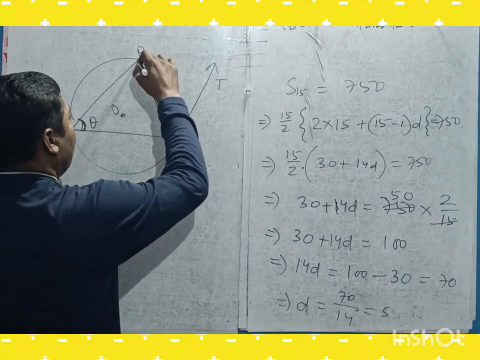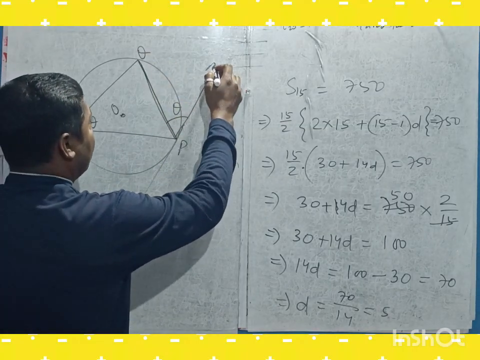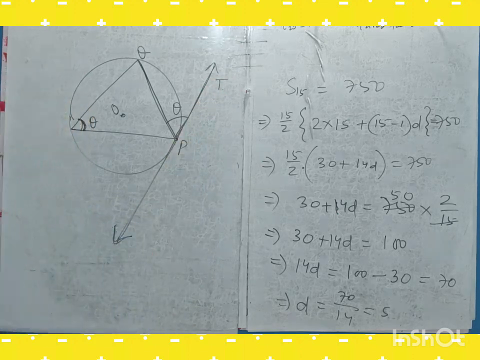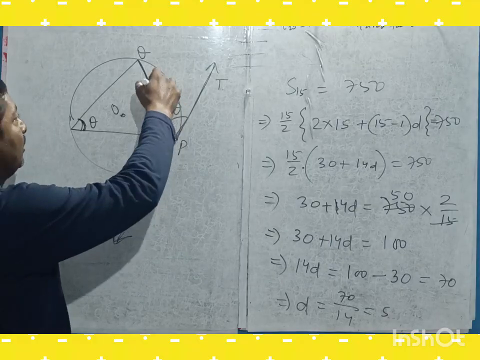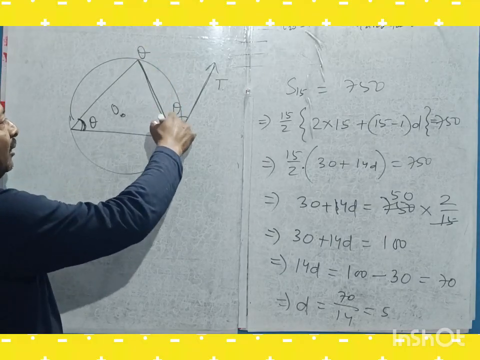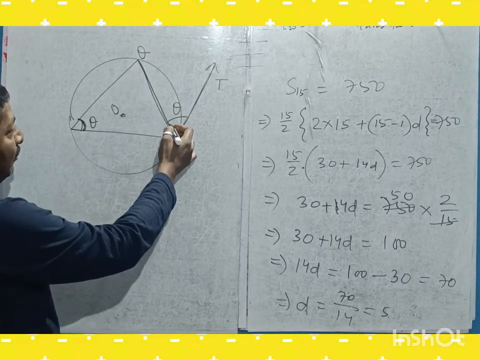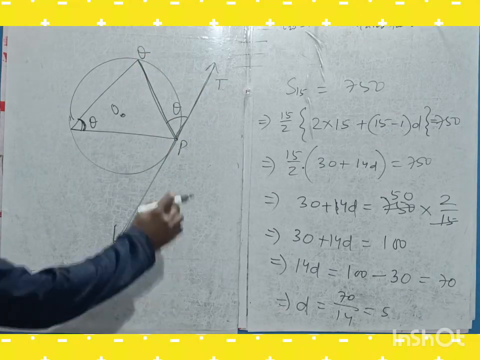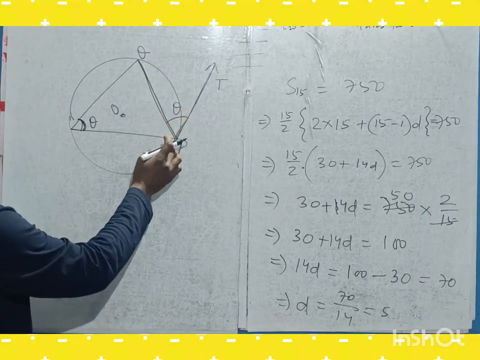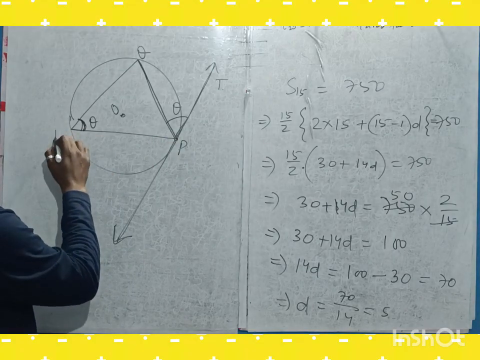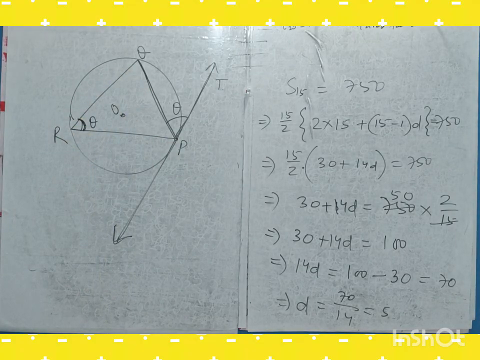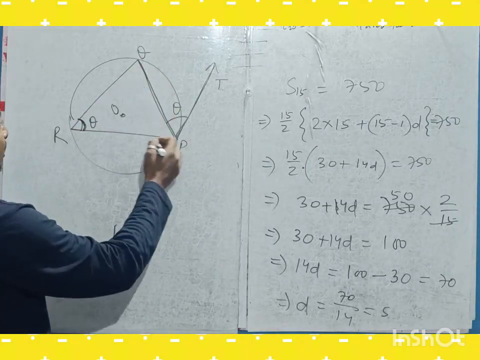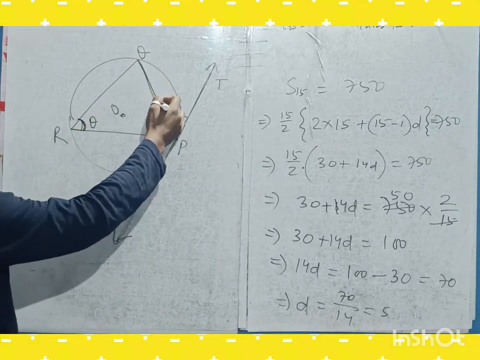The angle subtended by a chord towards the tangent, if tangent at P, and if PQ is a chord, then it creates an angle with the tangent as QPT. Okay, this angle is same to the angle PRQ, and this angle is from the same chord but toward the circumference of the opposite side.